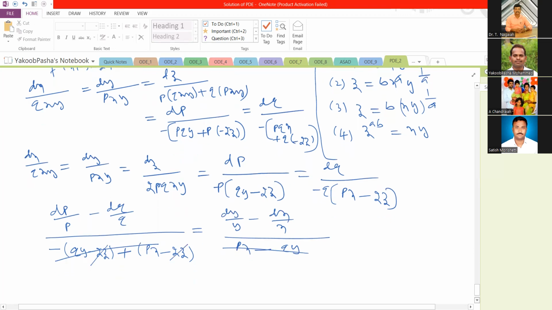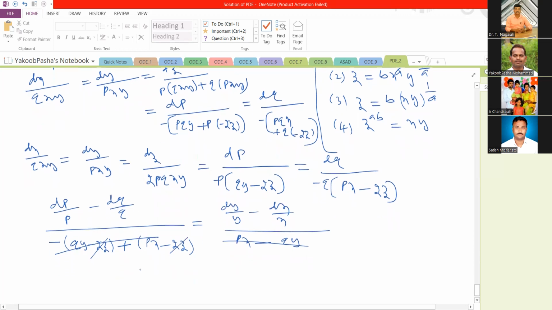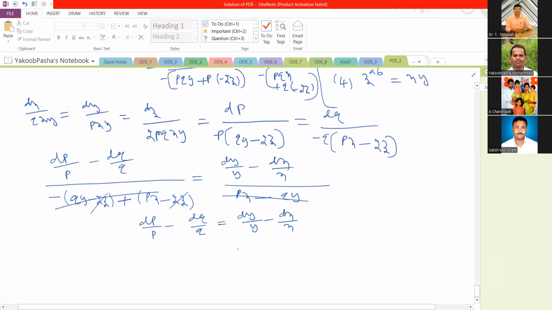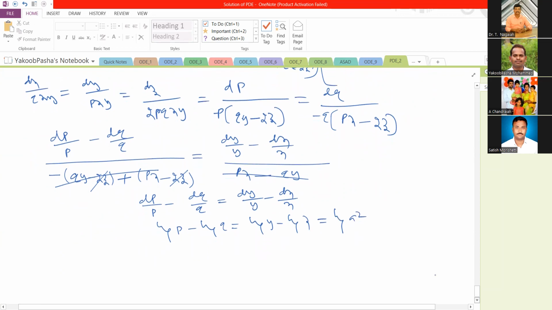So remaining dp by p minus dq by q is equal to dy by y minus dx by x. So we are integrating, log p minus log q, log y minus log x, arbitrary constant we are taking a square.